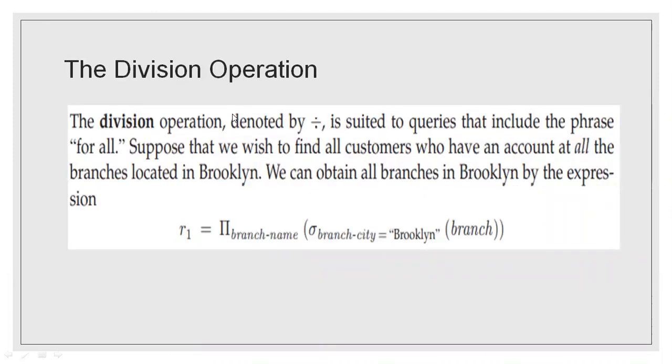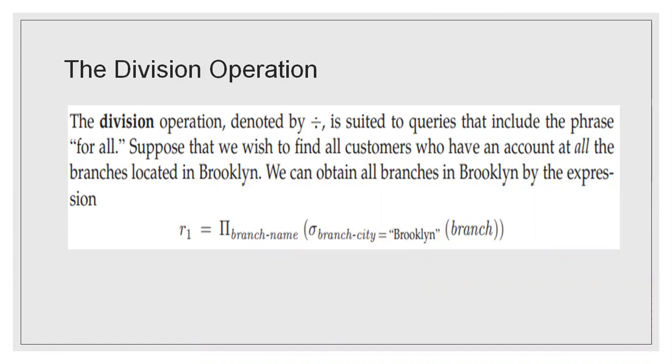Next is the division operation. Now the division operation is required when we have a word or a phrase like "for all". Suppose that we wish to find all the customers who have an account at all the branches located in Brooklyn. So here is the phrase "for all".